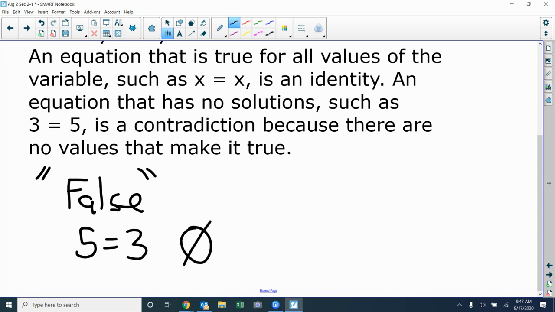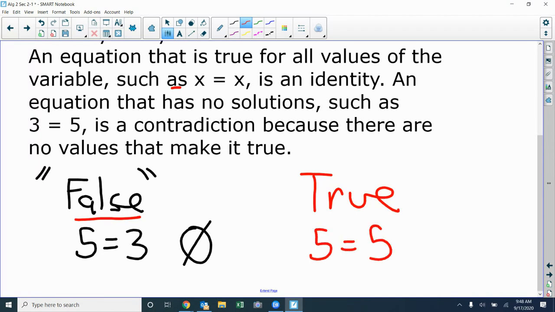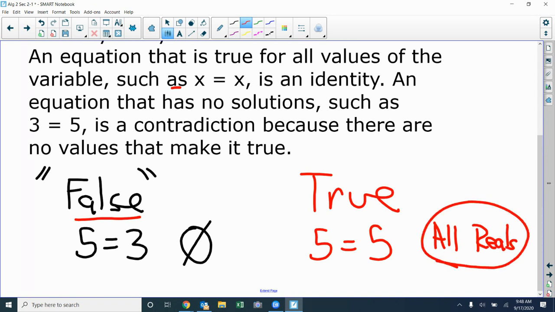So if that's the case, what's the other option that can possibly come up? False is one option. What's the other side of false? True. So if we get a true statement, what if we ended up with 5 equals 5? When you have a true statement, then my solution set is going to be all reals.